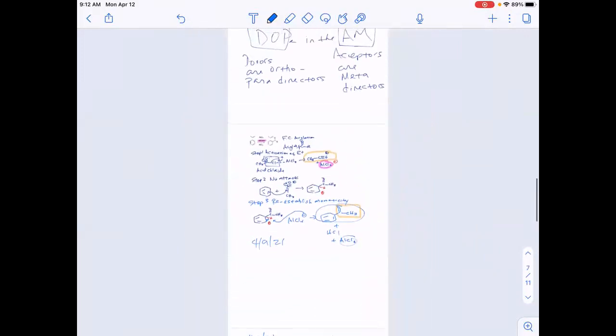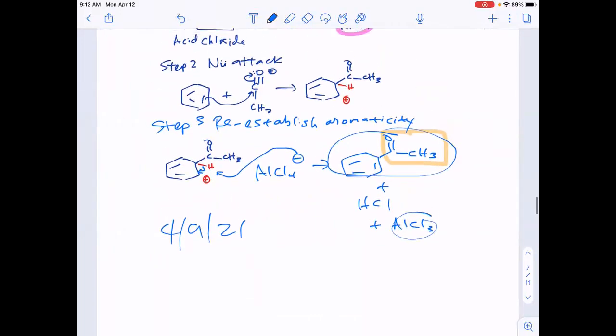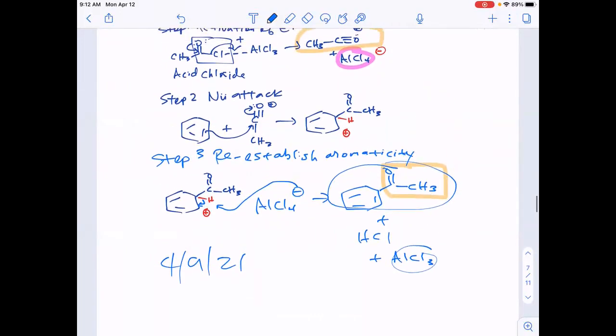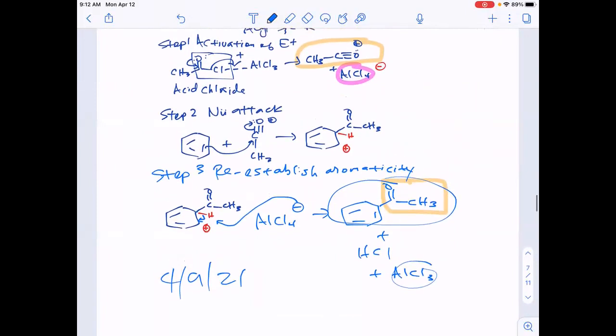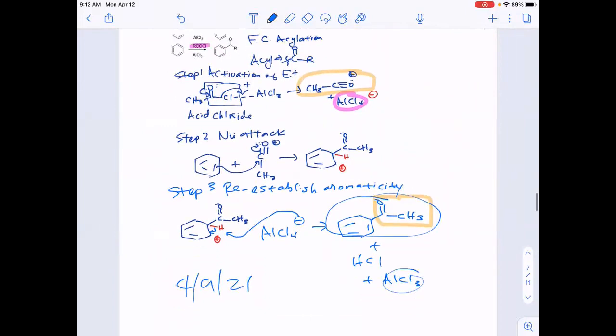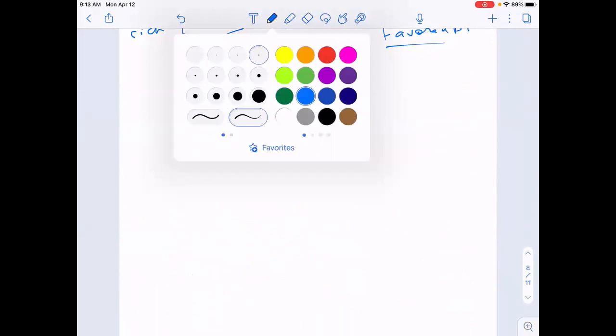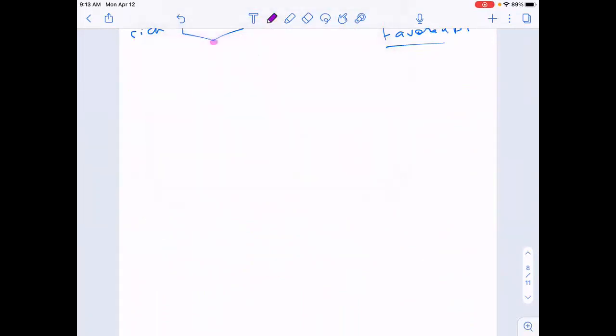All right, I said we were gonna look at this problem right here. Because we looked at the Friedel-Crafts acylation, which is adding that acyl group on. But if we took that product, let's just do another example. We took that Friedel-Crafts acylation product.